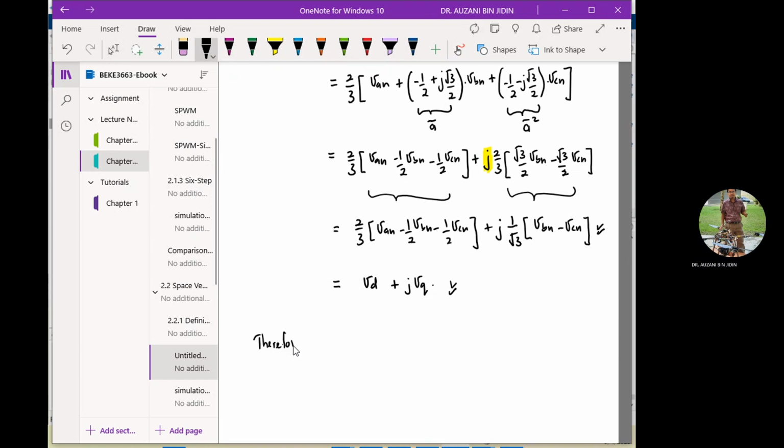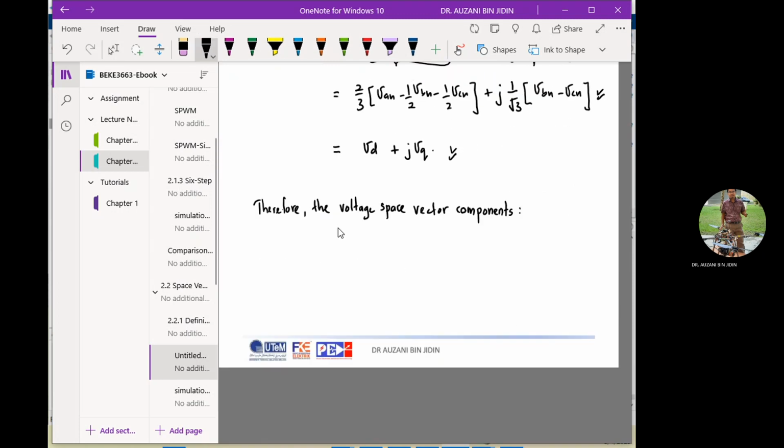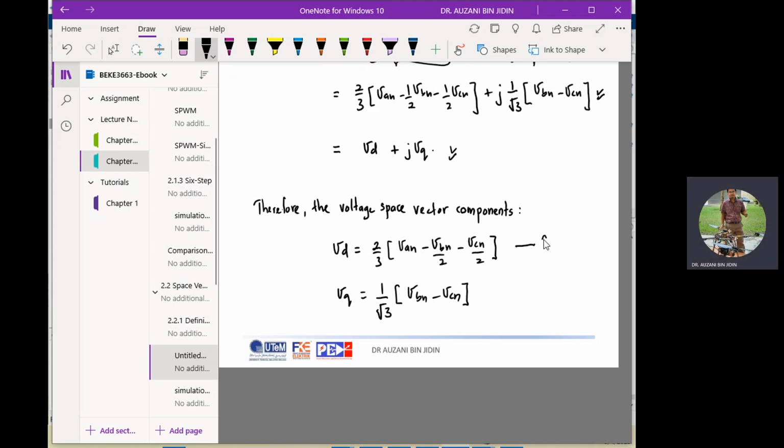Therefore, the voltage space vector component VD is, and VQ, okay. So this is equation number 9 and 10.